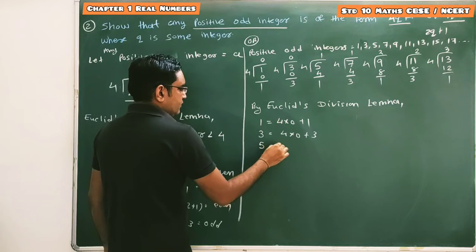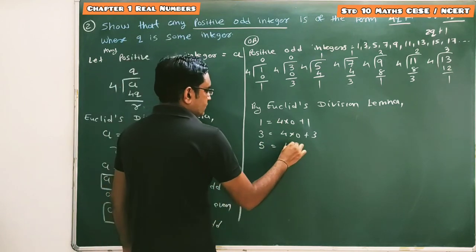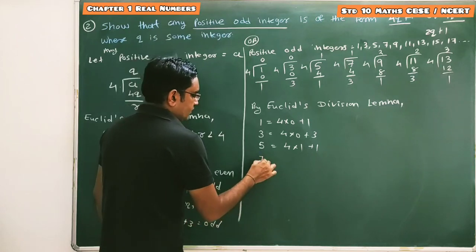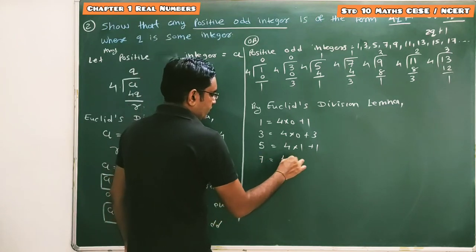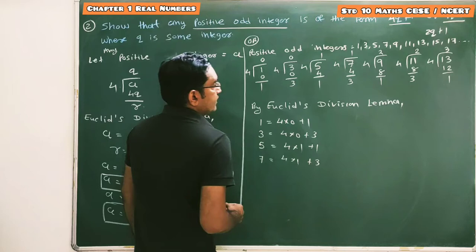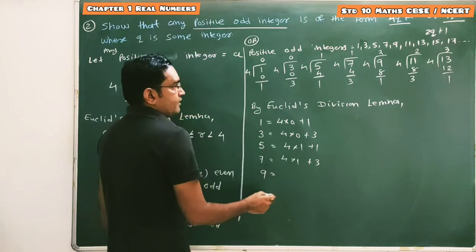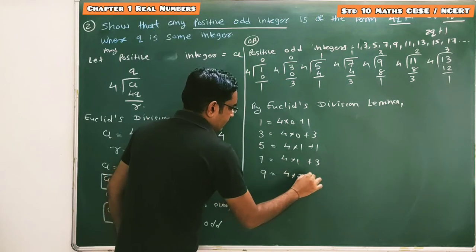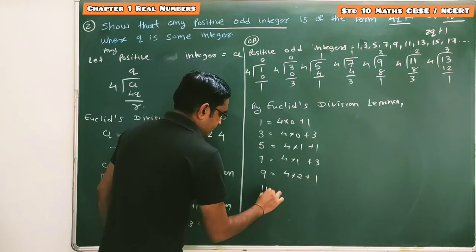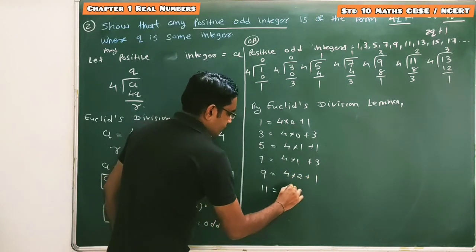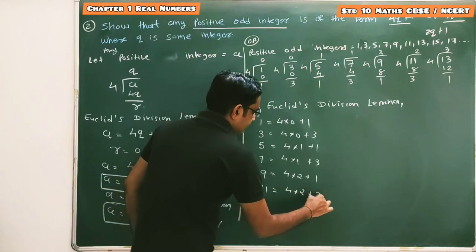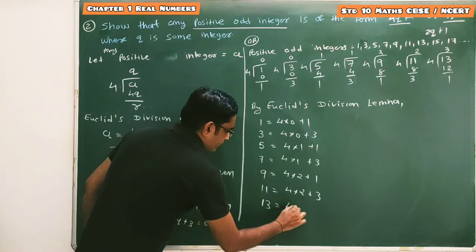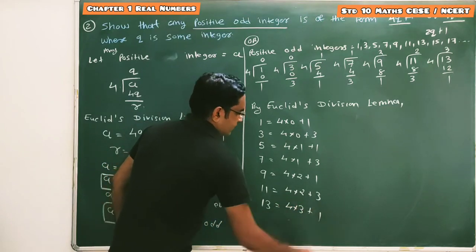Same way, 5 can be written as 4 into 1 plus 1. 7 can be written as 4 into 1 plus 3. 9 can be written as 4 into 2 plus 1. 11 can be written as 4 into 2 plus 3. 13 is the product of 4 with 3 plus 1.